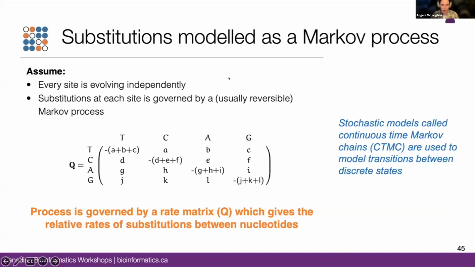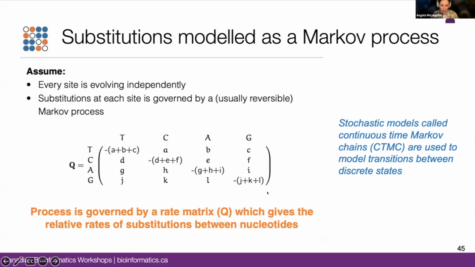So substitutions are modeled using Markov processes. Specifically, we use stochastic models called continuous time Markov chains, or CTMC, in order to model transition between these discrete states. These discrete states in this case are nucleotides.